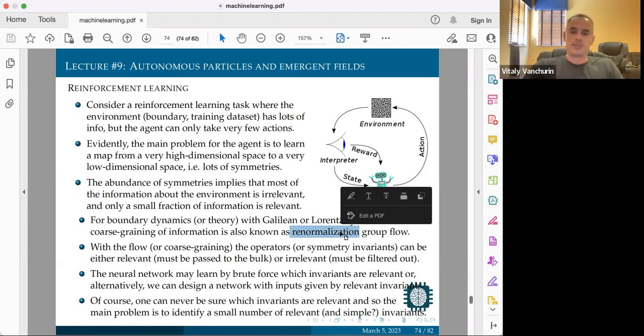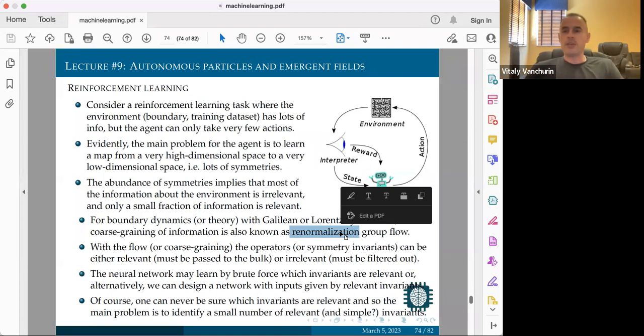We should think about them as relevant operators in the context of a renormalization group, but those details are not needed for us. And sometimes it will be a challenge for us to identify what is the right invariant. And so we'll play with a few, and we'll see, okay, well, both of them make sense. Let's now go to experiment and let's see which of the invariants would be useful.